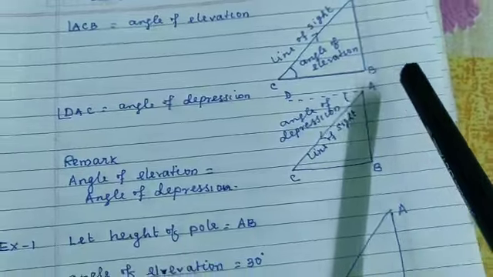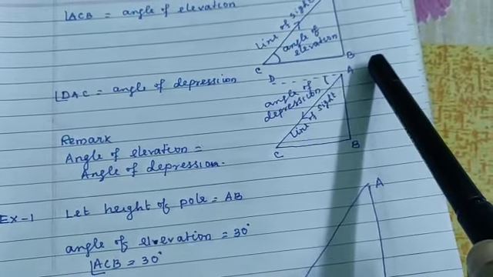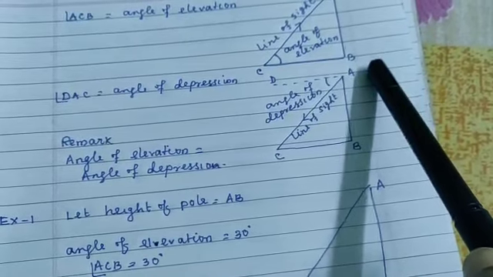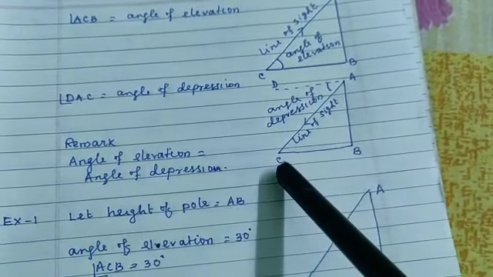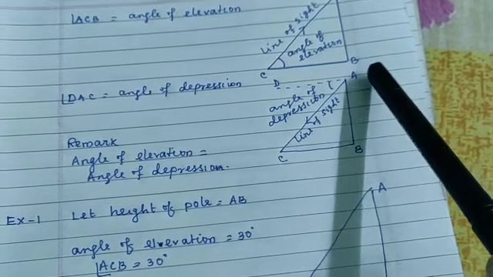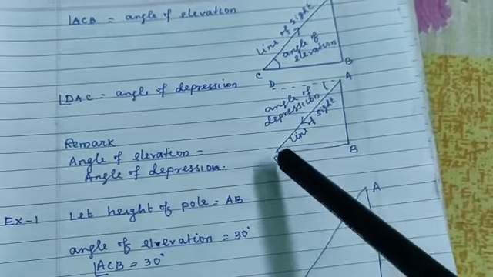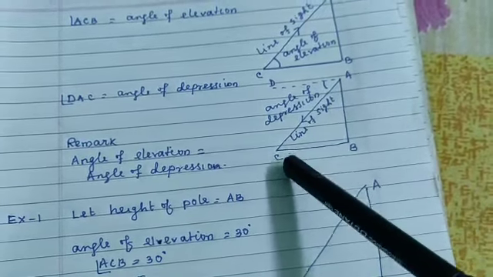Now similarly, if a person is standing or sitting on the top of the building and wants to see the ground or the bottom of the building, the AC is towards the C direction, and that is the line of sight.